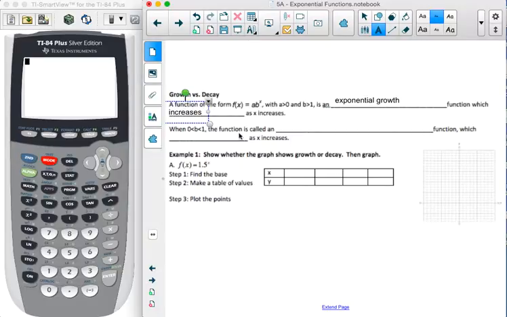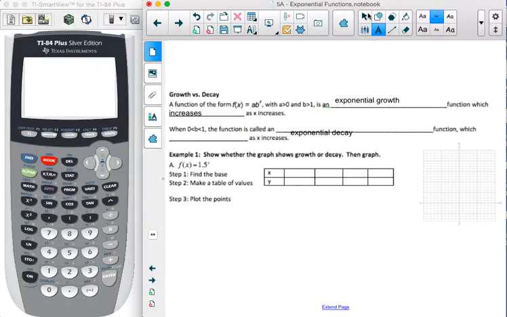But if b was somehow less than 1, but we know it has to be bigger than 0, it can't be negative. So if it was bigger than 0 but less than 1, it's going to become an exponential decay function. You might have heard about these in science.